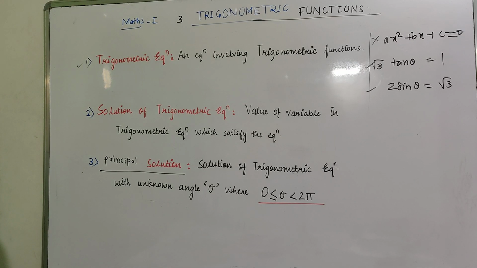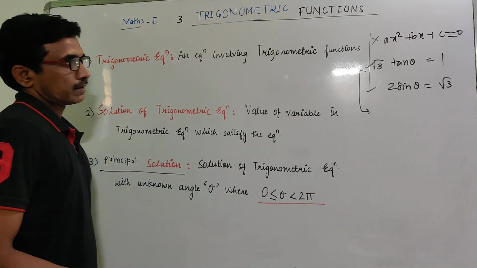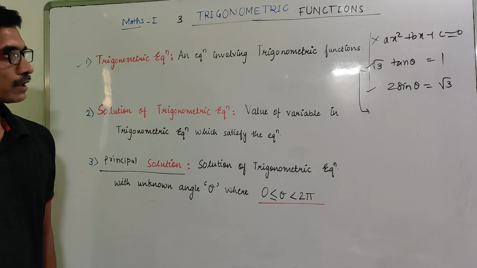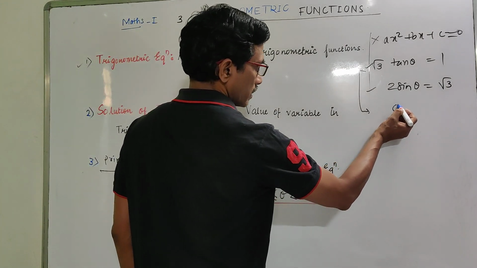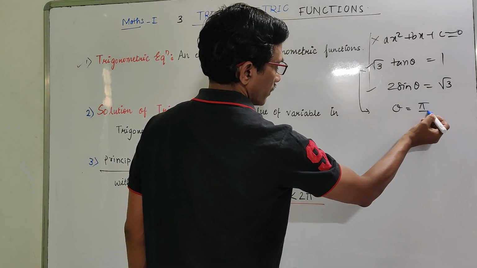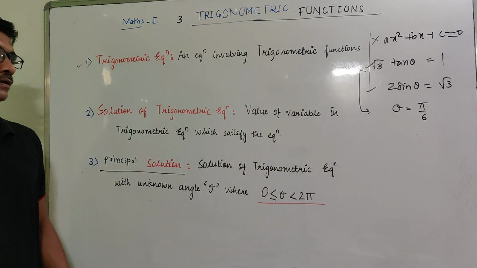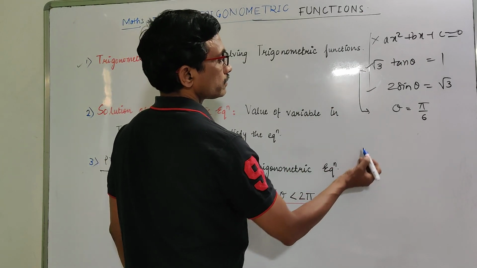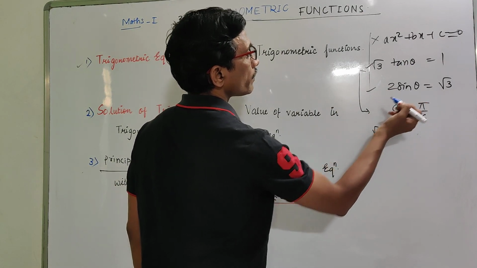Further, look at this first equation. You know tan of 30 degree is 1 by root 3. So if we take theta is equal to pi by 6, that is 30 degree, clearly it will satisfy the equation. Suppose theta is replaced by pi by 6.